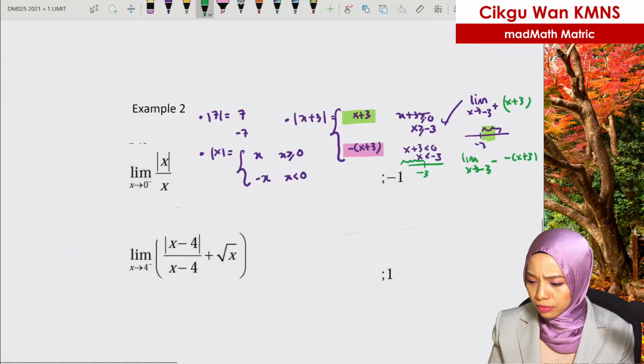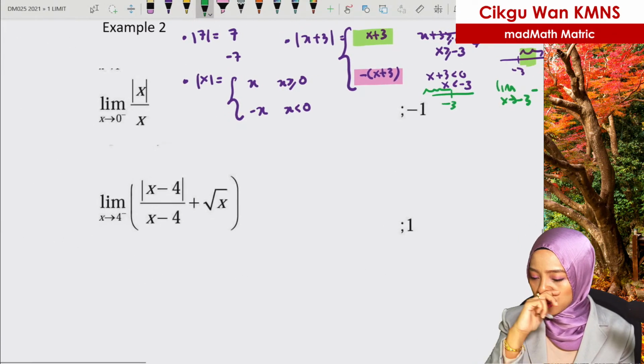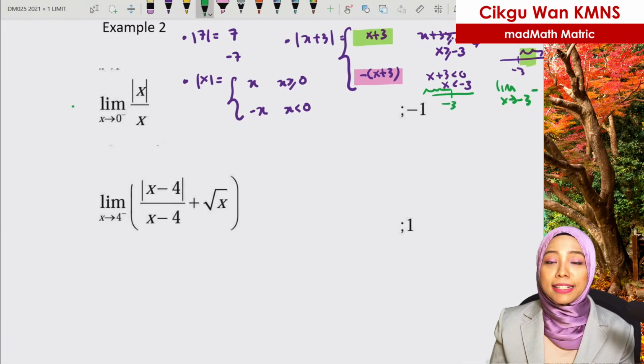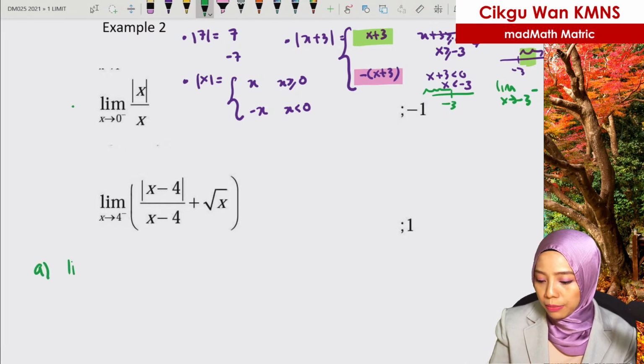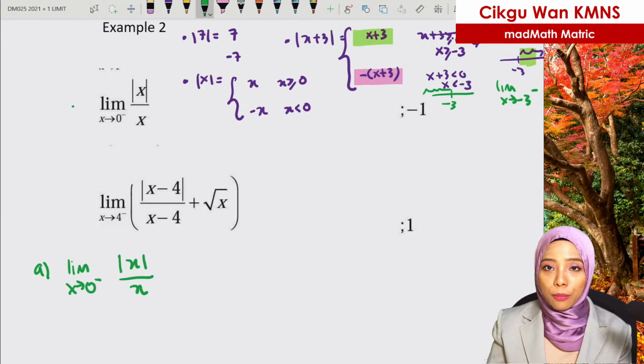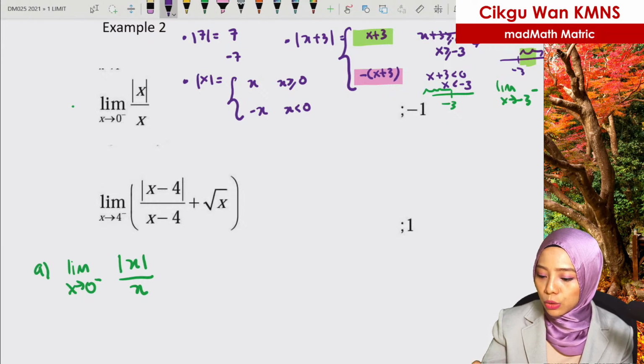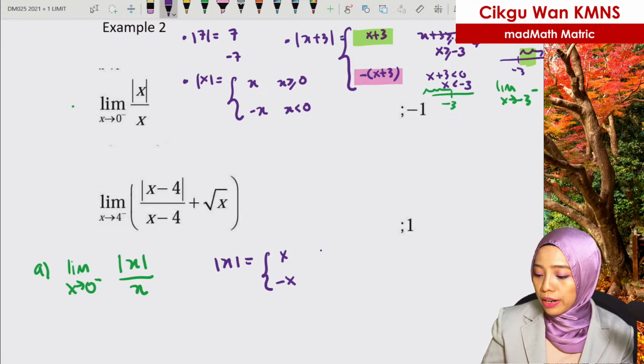Okay, so now I am going to solve this example 2a. Limit as x approaches 0 from the left. We just write down again the formula, and then kita conteng dekat tepi ni. Absolute x means x or negative x, where x is greater than or equal to 0, and x is less than 0.